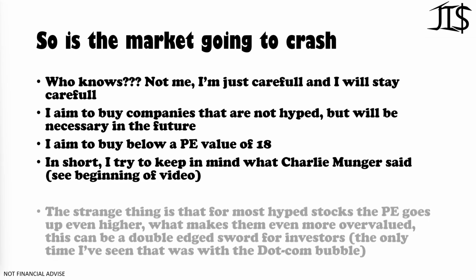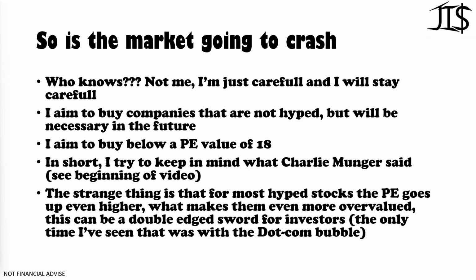And the strange thing is that for most hyped stocks, the PE goes up even higher right now. So, for example, Nvidia, SAP, ASML, those valuations are really crazy, and that makes them even more overvalued than a couple of months ago.